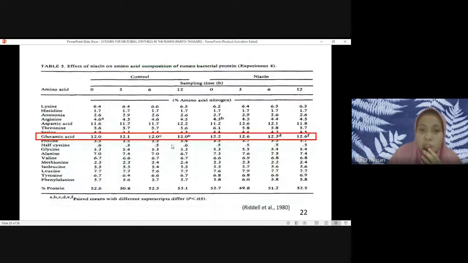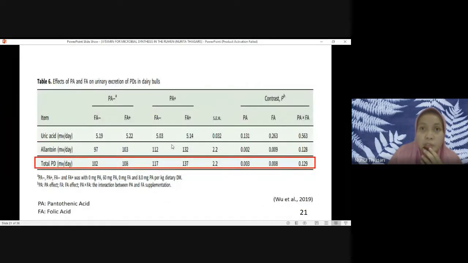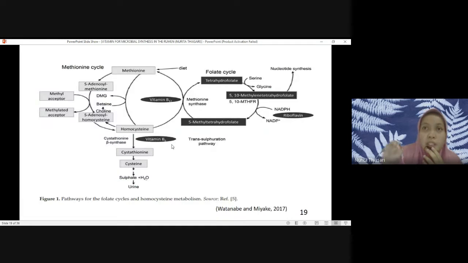Actually, I would like to say the PD measurement is one of the measurements to know whether microbial synthesis happens in the rumen. The PD is excreted in the urine.